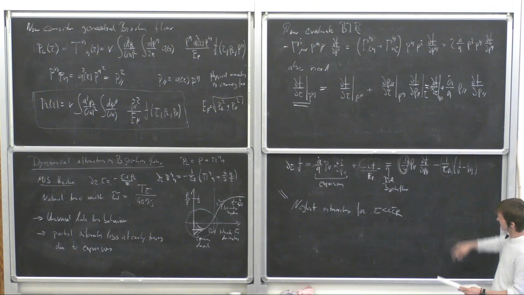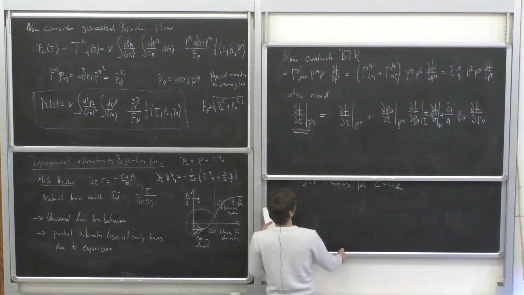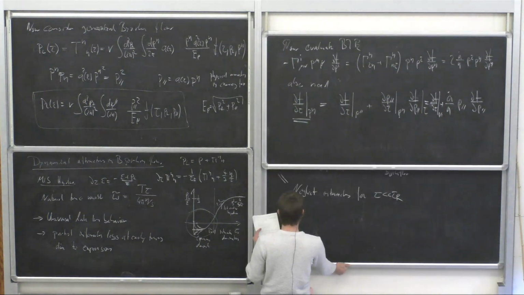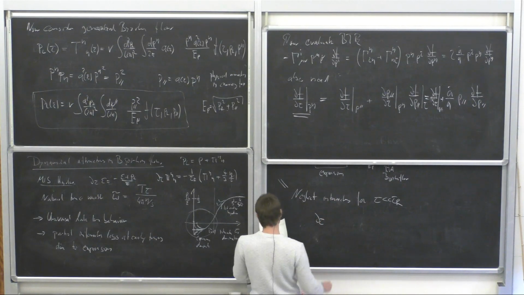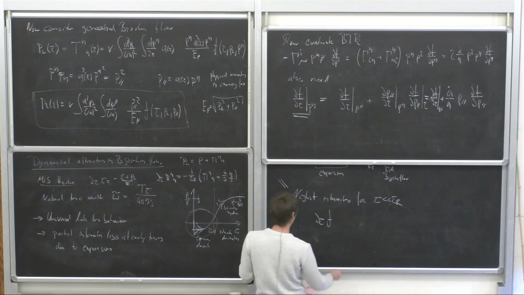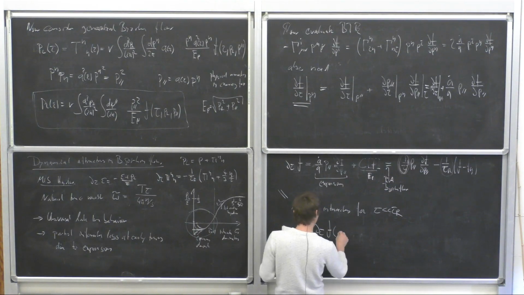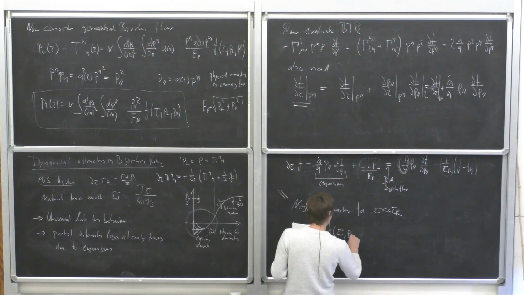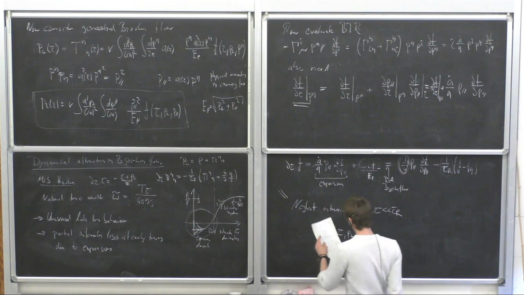If we just kick out this term and work this out, then we just have d tau f, which, the way we wrote it, depends on tau, transverse momentum, and longitudinal momentum.